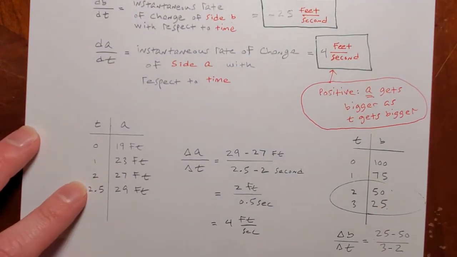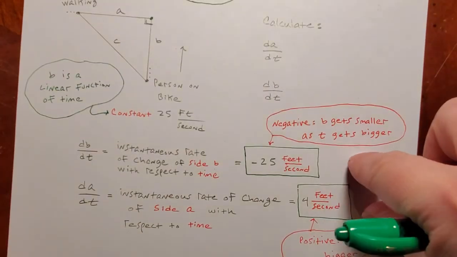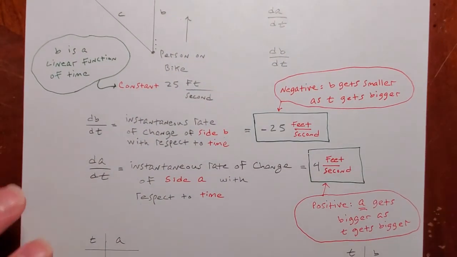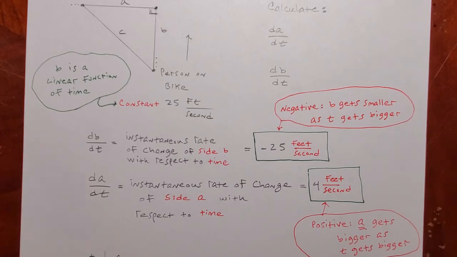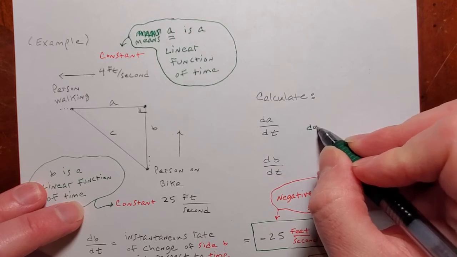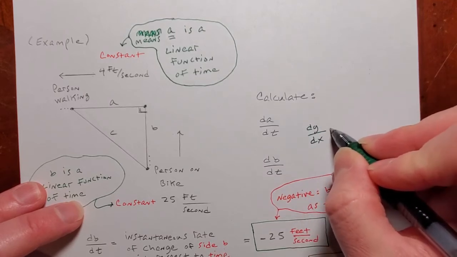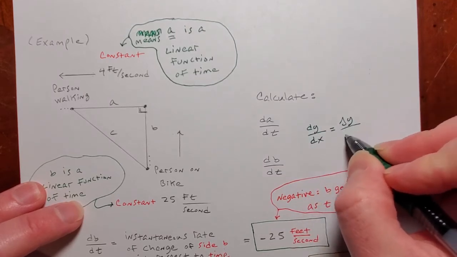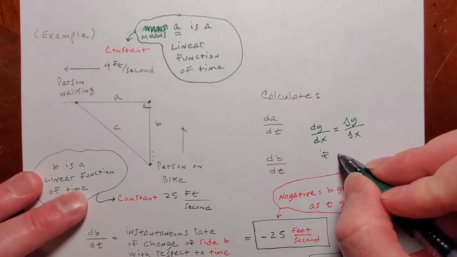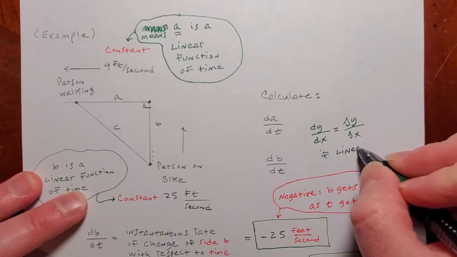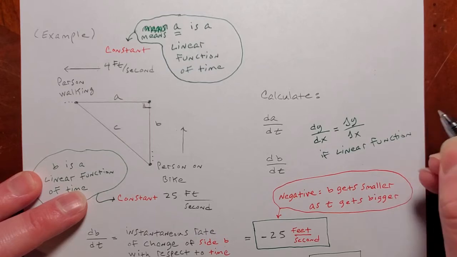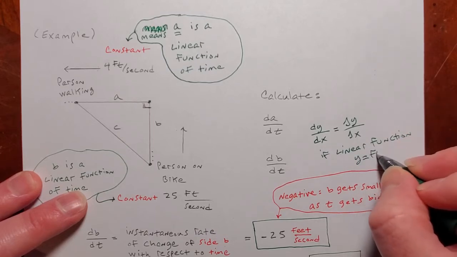So why can I use the deltas to justify my answer for the derivatives? Well, remember that in another video, and I've tried to bring this point up many times, we said that a derivative, for example dy over dx, would be equal to delta y over delta x if we have a linear function, if y is some linear function of x.